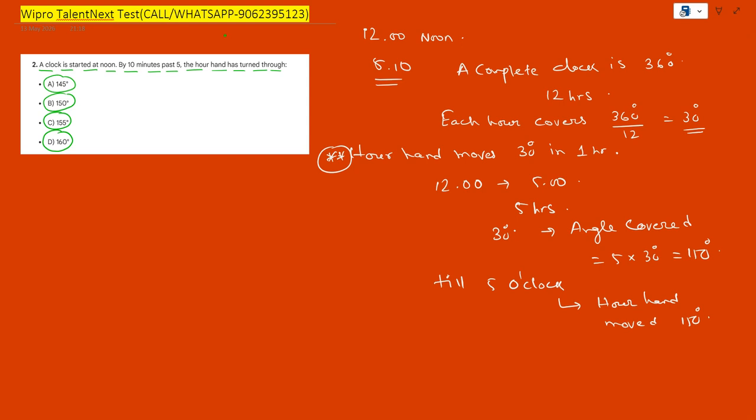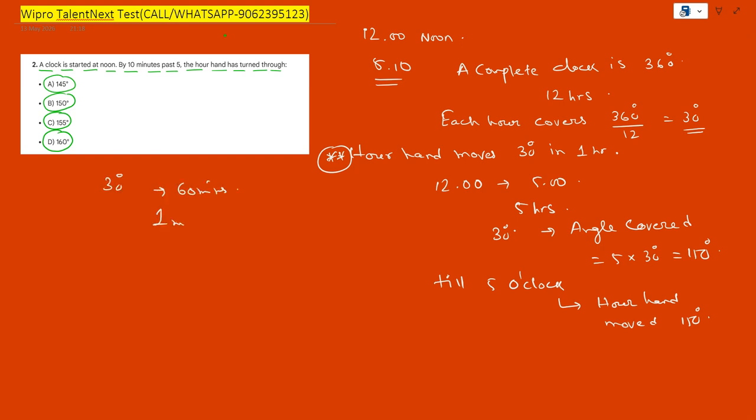Now, hour hand never stands still. Even between two numbers, it keeps moving slowly. So at 5:10, the hour hand has already moved a little beyond 5. So this is why the clock questions are dangerous. The hour hand is basically the silent worker of the clock. Okay, so hour hand moves 30 degrees in 60 minutes.